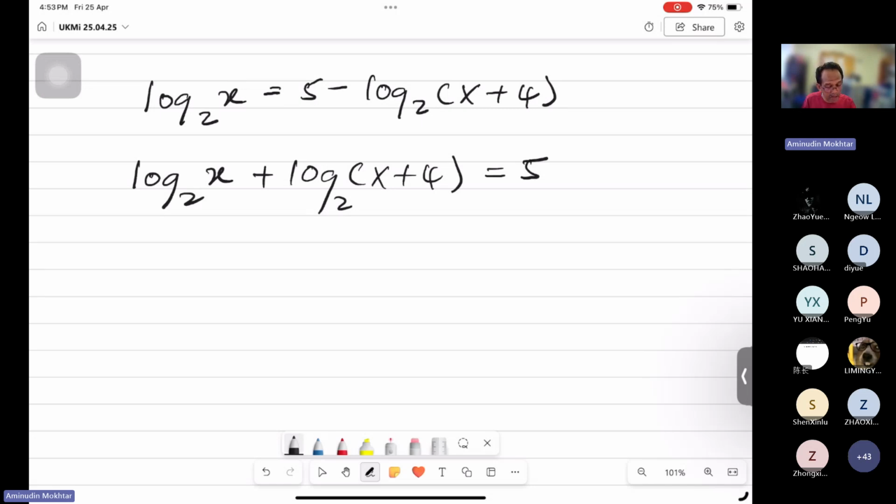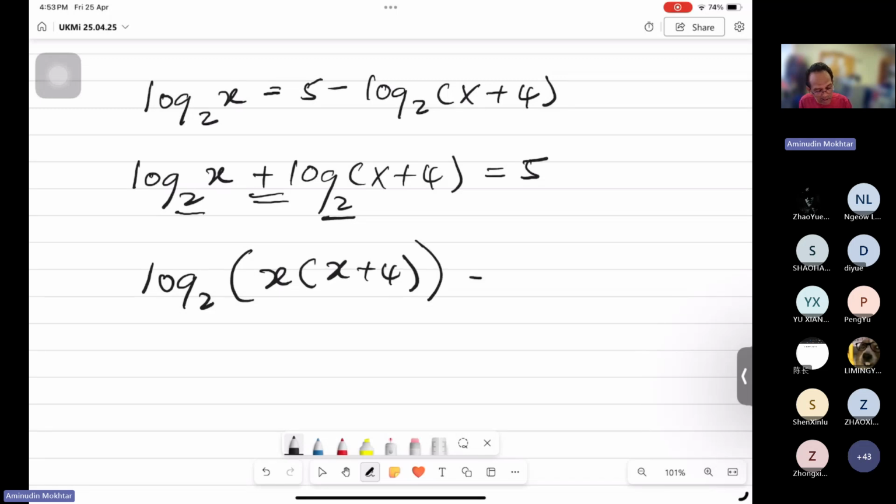Because we have two parts here, log base 2 of x and log base 2 of x plus 4, and there is a plus here, these two can be written as log 2 of x times x plus 4. This is equal to 5.